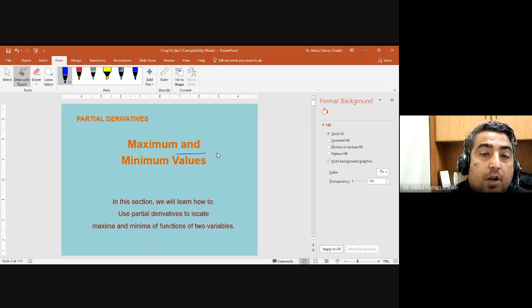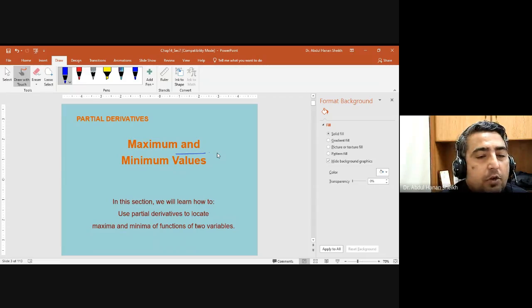So those values are called maximum values of the function. And similarly, minimum values of a function are the least values of the function when compared to the other values. So there will be no value less than that value. So that is called the least value.